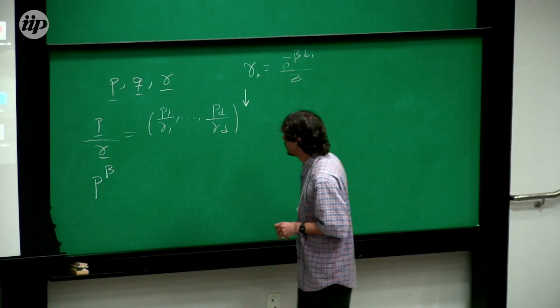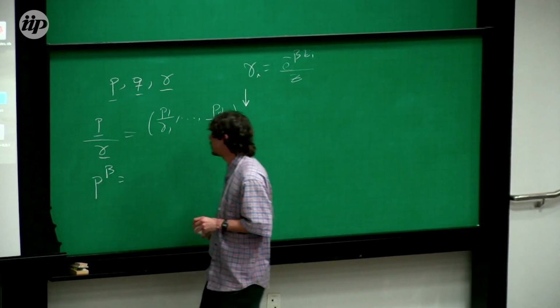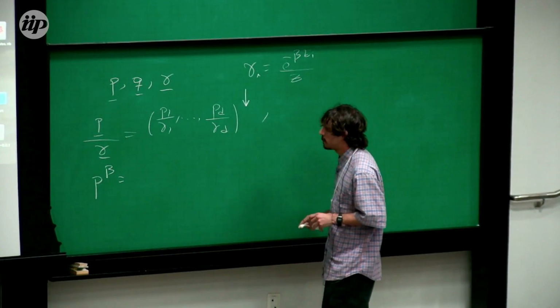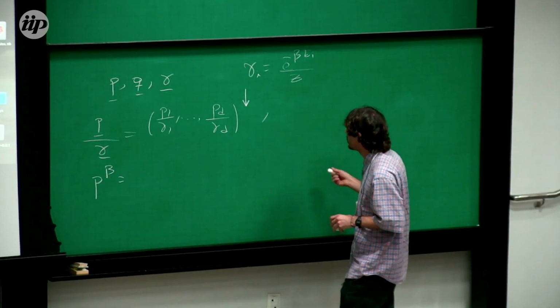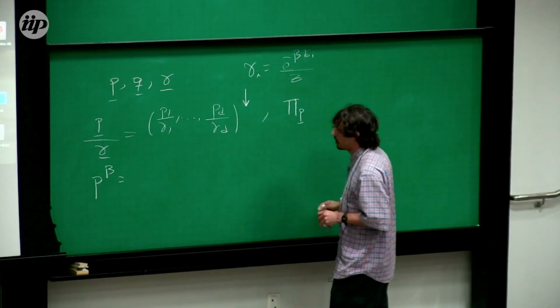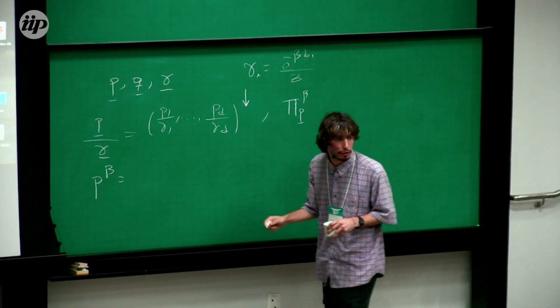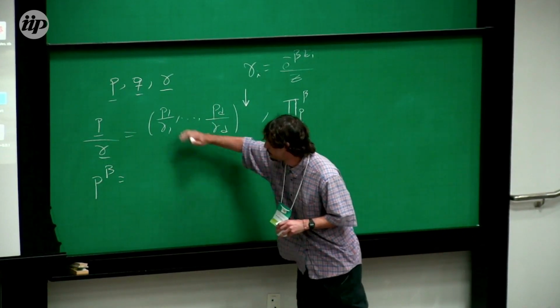Okay? So there's an easy way of writing this vector because we can define this notion of beta ordering, which is precisely a permutation pi which, when acting on P, orders it in non-increasing order after renormalizing.